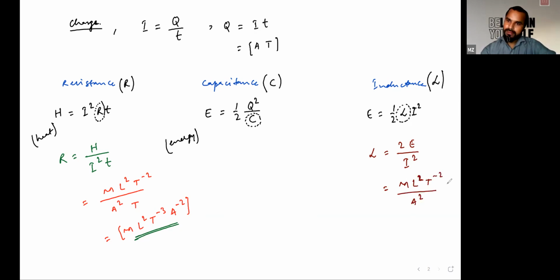If you bring this part to the numerator, it becomes M L squared T to the power minus 2 and A to the power minus 2. Okay. Yes, sir. So we have done this section. Now, any doubt to anyone of you?